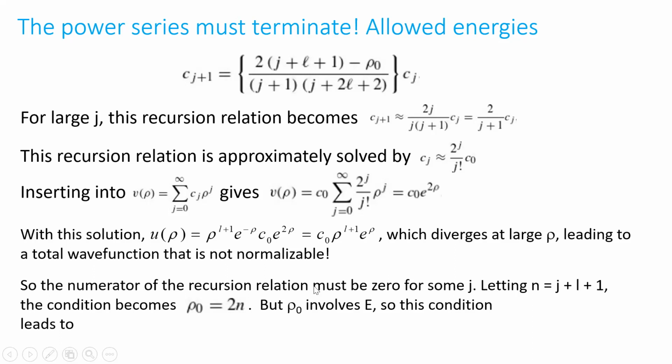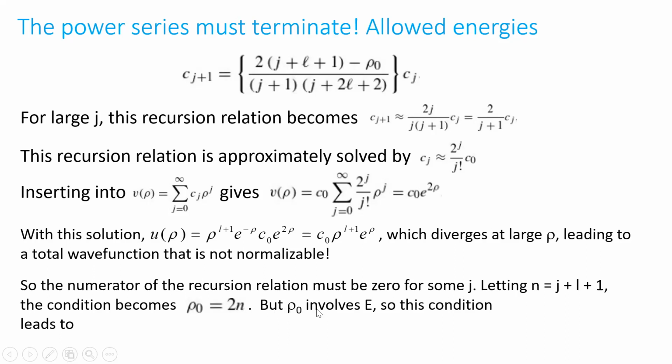So the numerator must be 0 for some j. Letting n equal j plus L plus 1, just to tidy things up a little bit, the condition would become, the numerator going 0 would be 2 times this, which is n, minus rho naught equals 0, or rho naught equal to n.